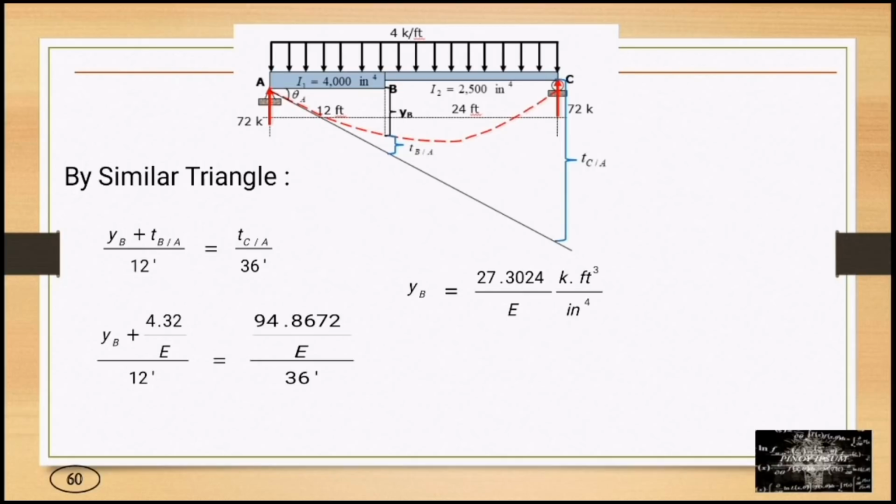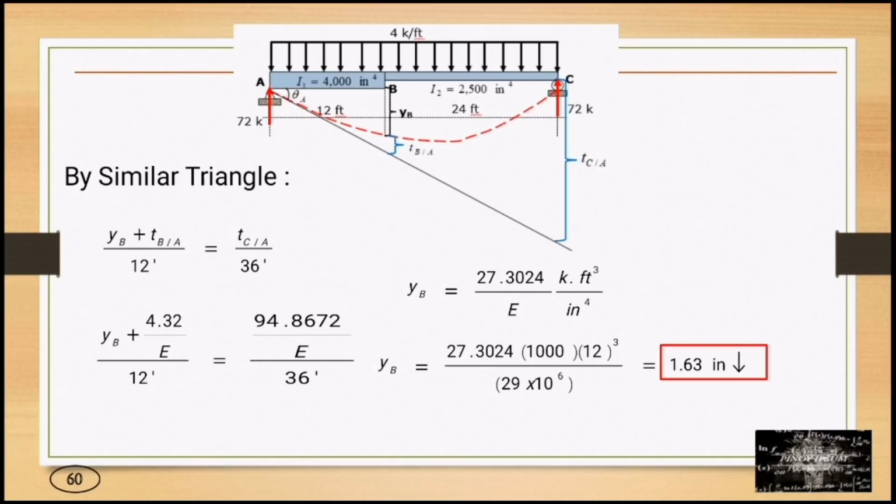So YB is equal to 27.3024 over E, expressed in kips times feet cubed over inch to the fourth, or YB is equal to 27.3024 times 1,000 times 12 raised to 3 over E. With E equal to 29 times 10 to the power 6, YB is equal to 1.63 inches, downward. Okay?